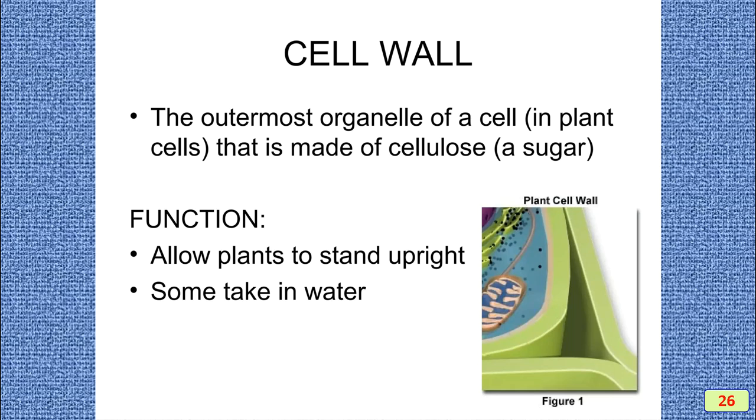So this is a special structure in plants, and some bacteria also have a cell wall. It allows plants to stand upright, and some take in water. So they have a thick wall.